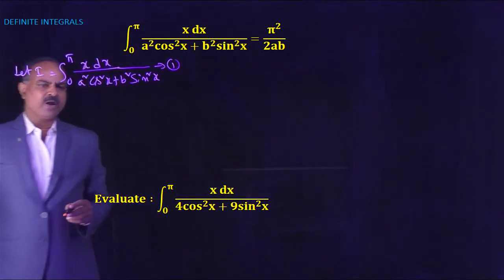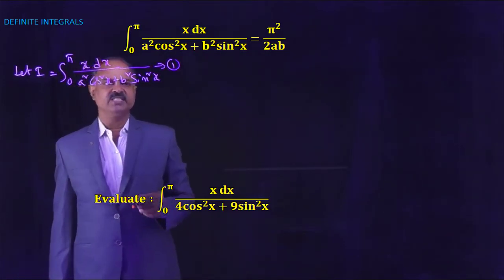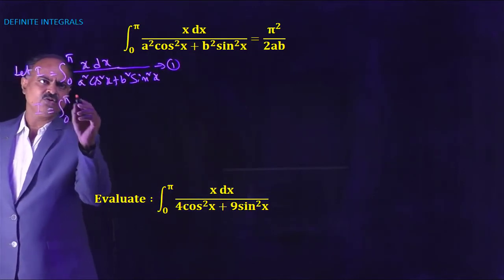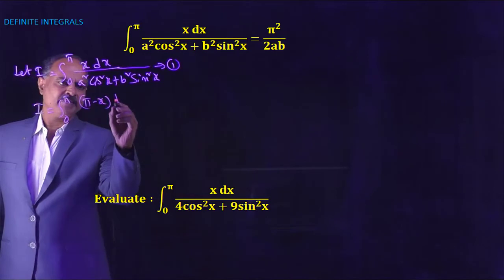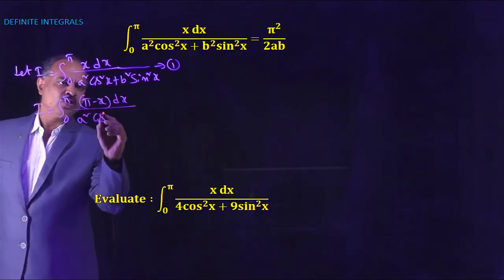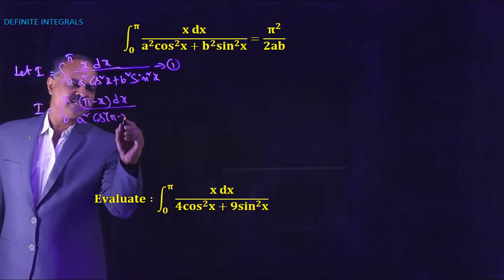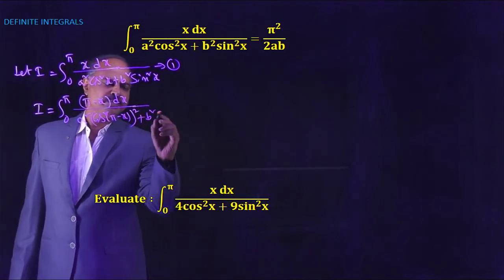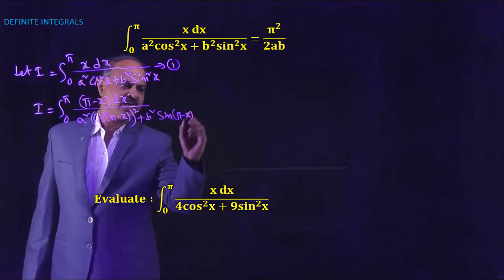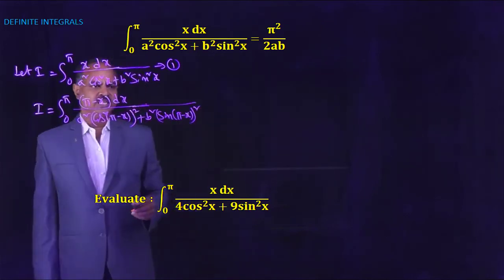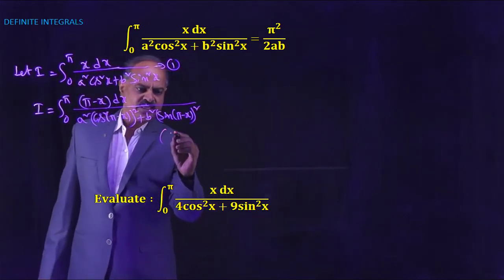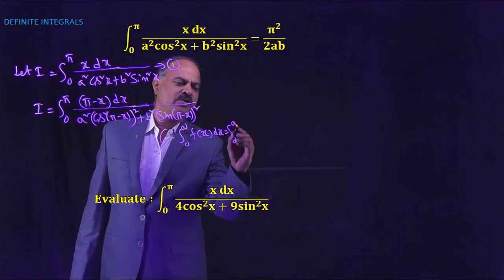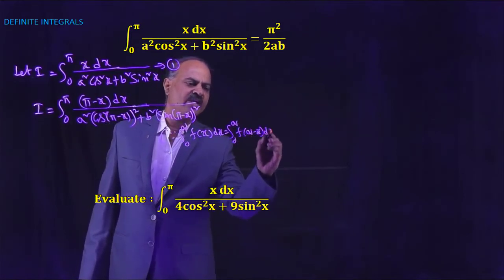So by applying the property integral 0 to a f of x dx equals integral 0 to a f of a minus x dx, let I equal integral 0 to pi of pi minus x dx by a square into cos of pi minus x whole square plus b square into sin of pi minus x whole square.